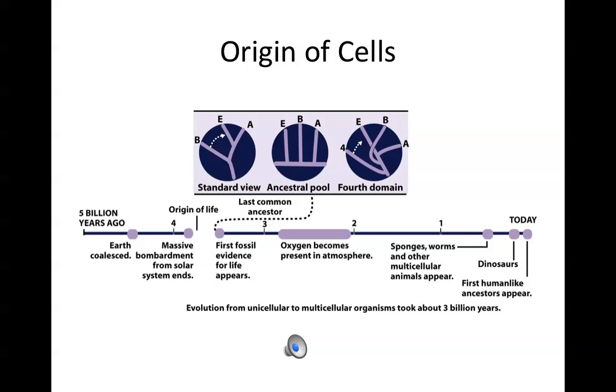How old are they? We use a lot of geology to help us figure out where and when these things occurred. And so the origin of cells and the process of evolution, which is a mechanism that cells use to adapt and gain advantages in different environments, have been important criteria to use to figure out the origin and the relatedness of cells.